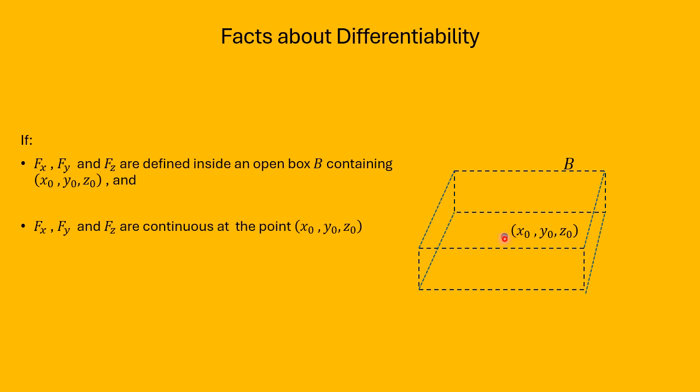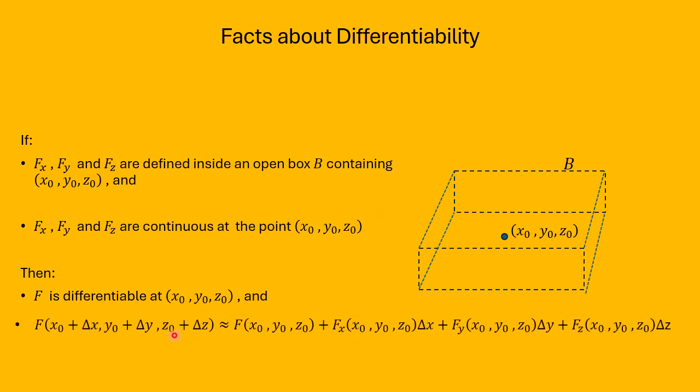So we have to have continuity of the derivatives at this point and the derivatives existing inside this box, but elsewhere, not necessarily continuous. Then we can conclude that f is differentiable at x0, y0, z0, and we can write down an approximation formula.